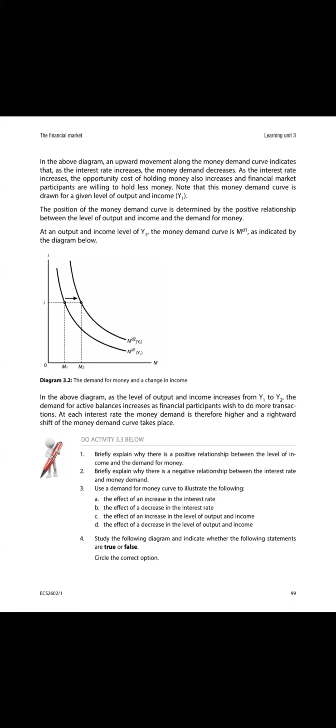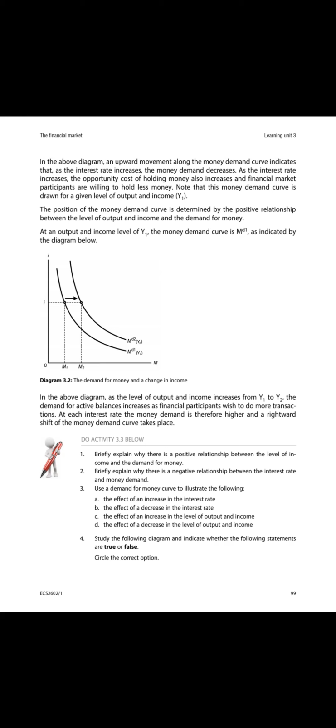Then the other reason why the quantity of money is going to be small, we don't look at it in terms of demand for money. We look at it when we're dealing with the supply of money. Other circumstances why the quantity of money can reduce as a result of interest rates.